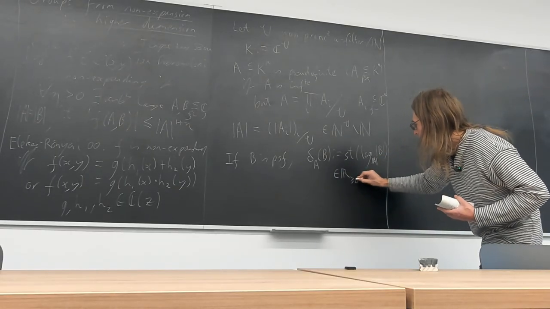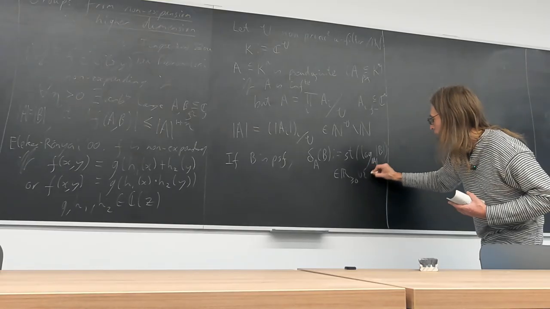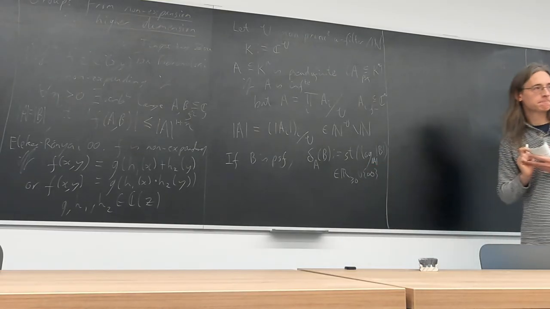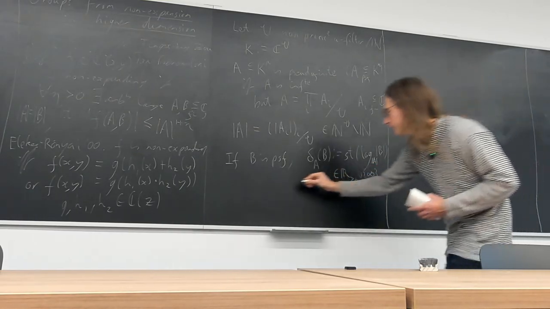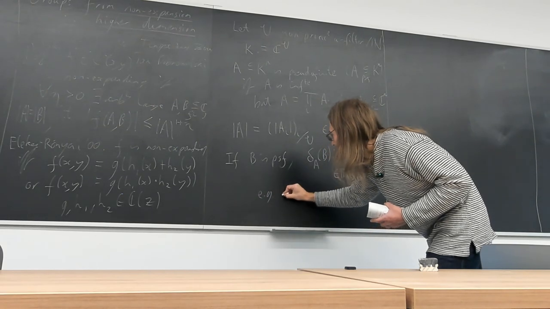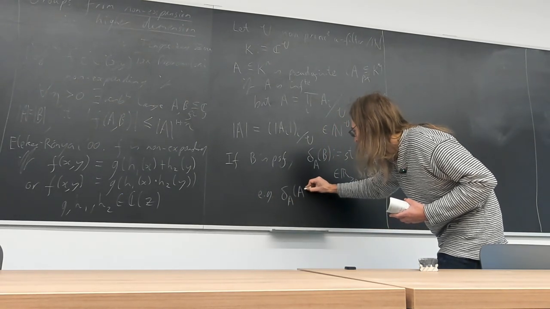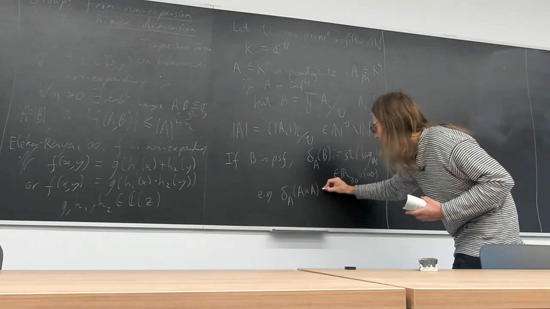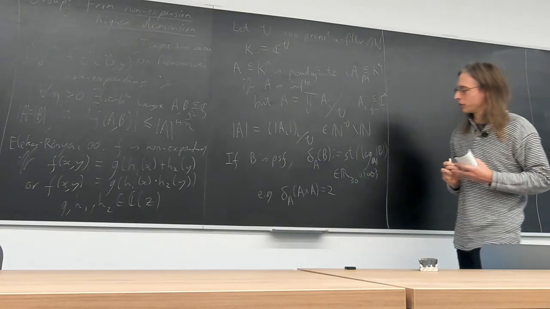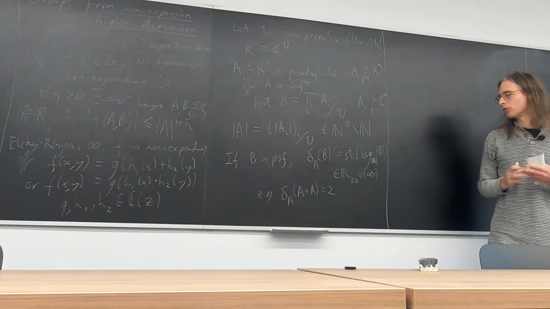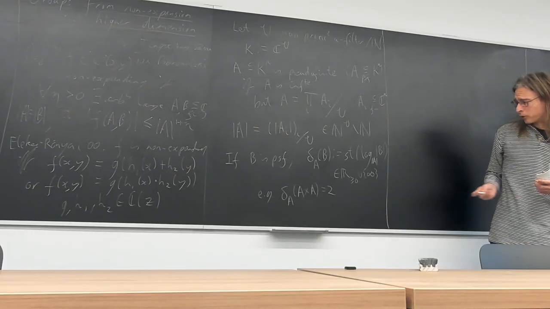So this is a non-negative real, or it's infinity. For example, if I take A squared, A times A, with respect to A, that will have delta 2. This is the coarse pseudo-finite dimension with base A.